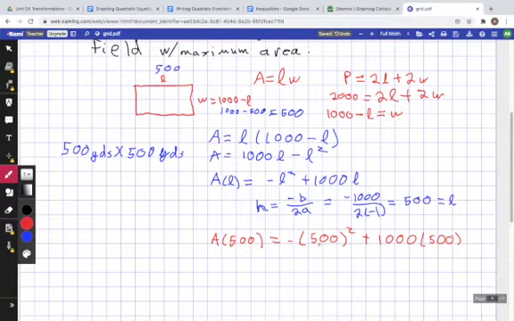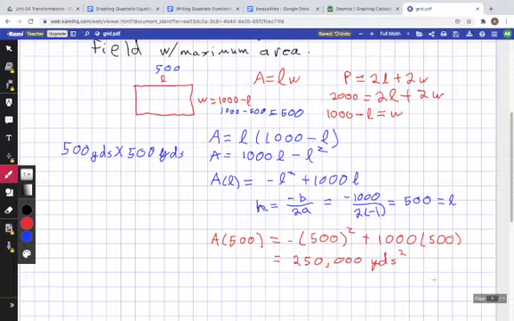Well, if we calculate this out, we end up with 250,000 square yards.